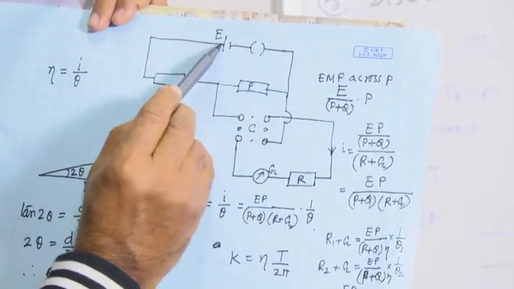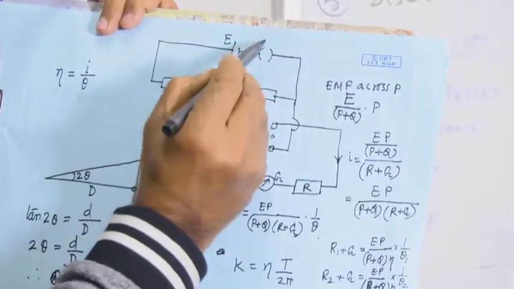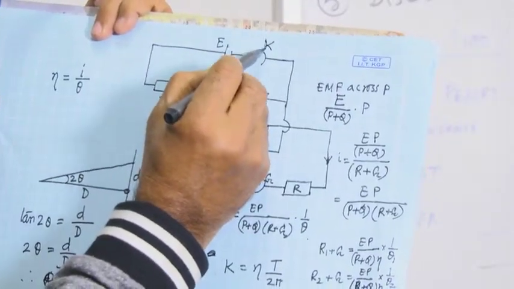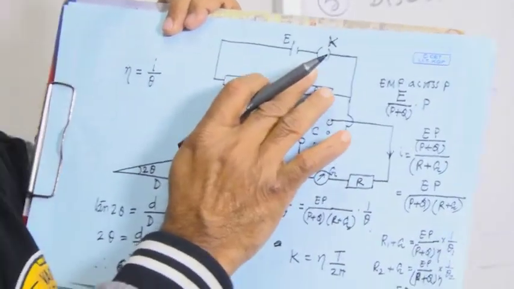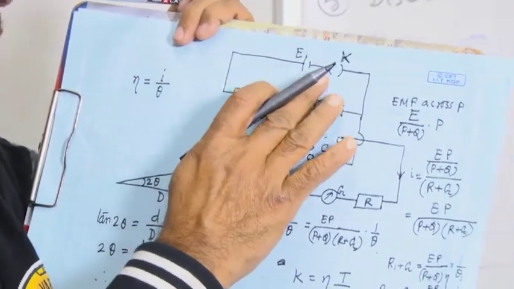This is the standard circuit. This is the battery, and this is a circuit breaking key. If you close it, the circuit is closed; if you open it, the circuit is open.